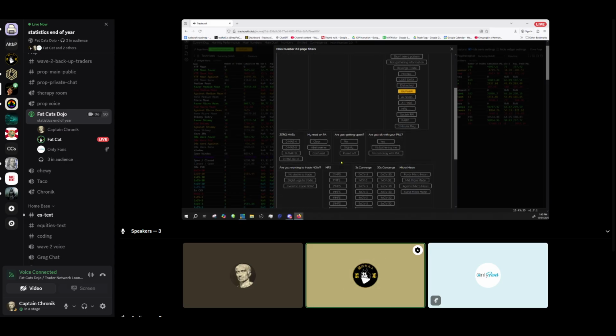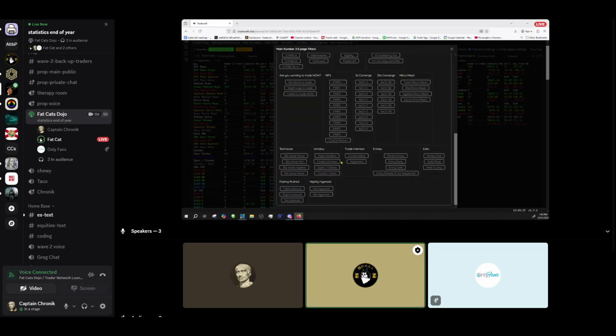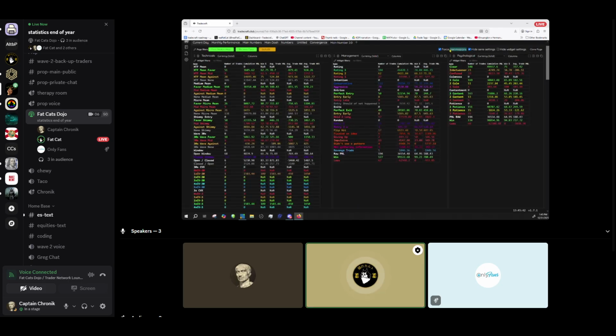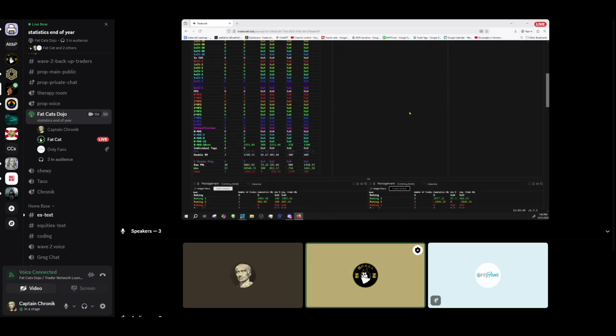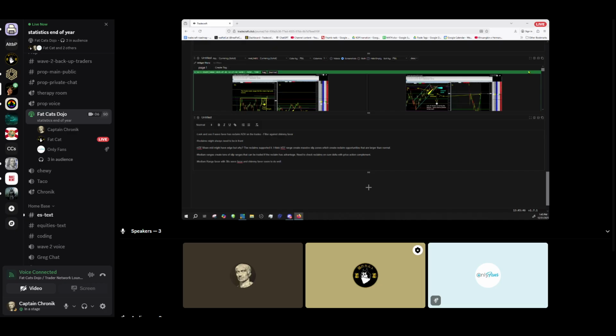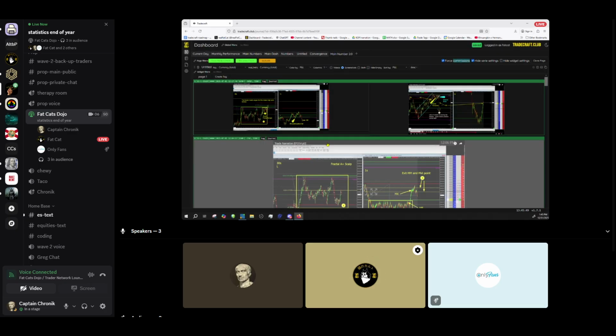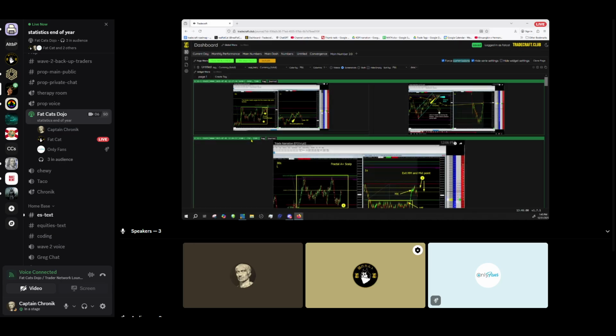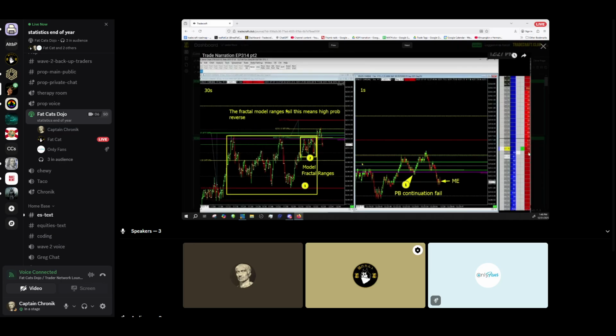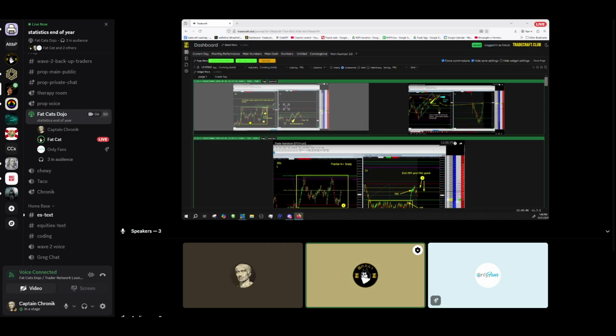Let's look at the wave favors, because I don't want to just dump these tags and not properly analyze them. So fractal range.